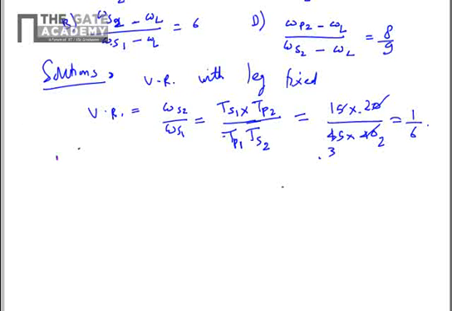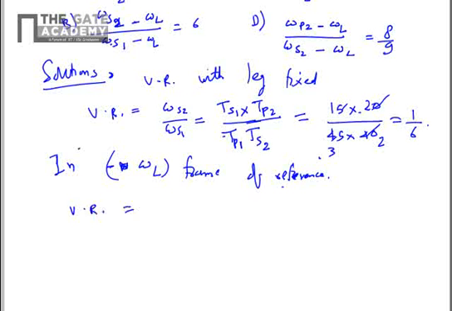Now we will consider the leg also to be moving, and we will consider a minus omega L frame of reference. In that frame of reference, the velocity ratio will remain the same. However, the velocities themselves will change because we are seeing a minus omega L frame of reference.